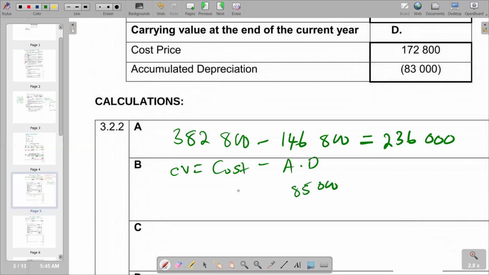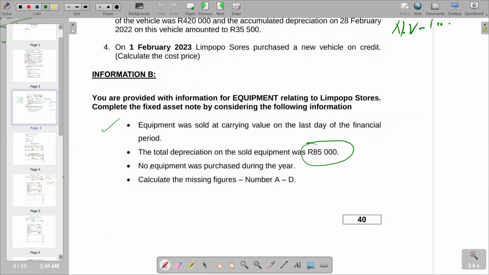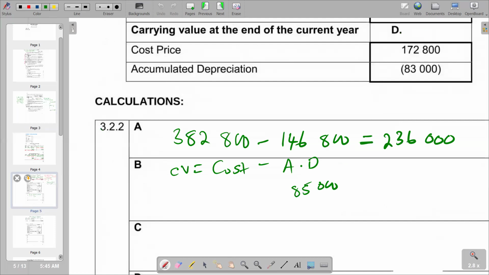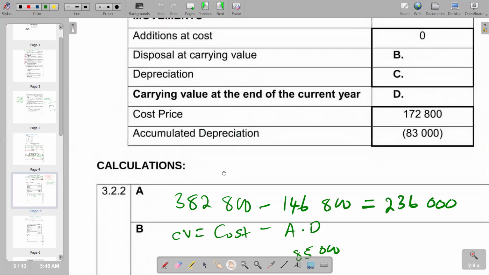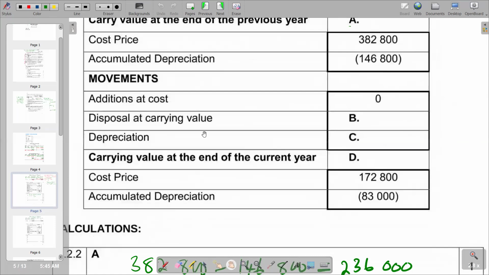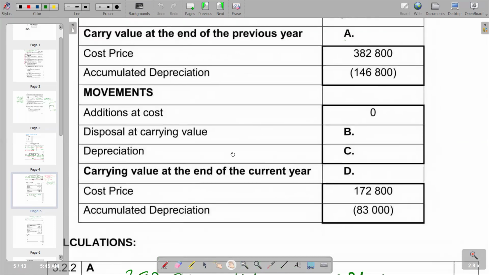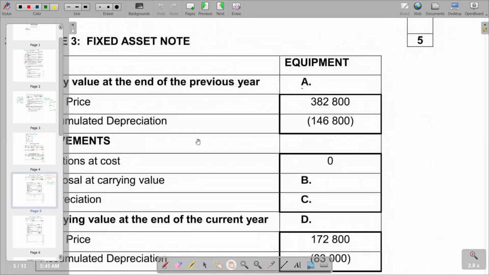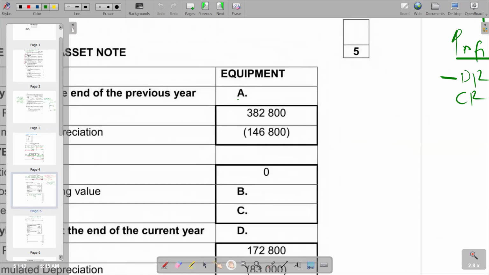But cost we are not given. If we go back to the information given, we see that there is no cost there. But we can find it from the information that we're given here, by saying we don't have any addition. So we say the cost that we have at the beginning, 382,800.